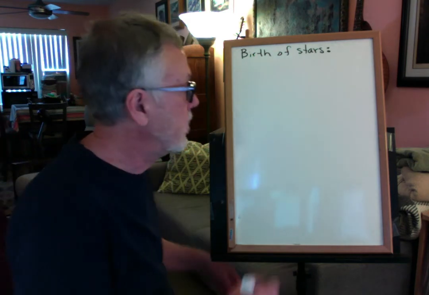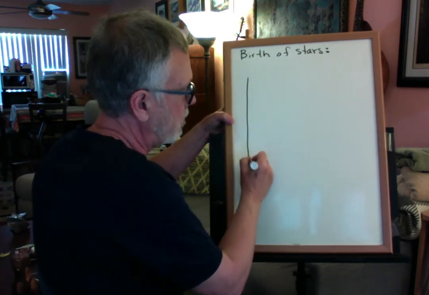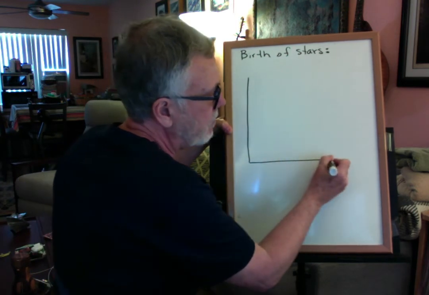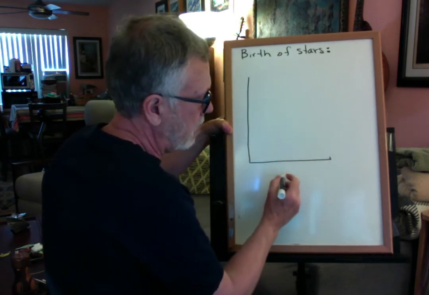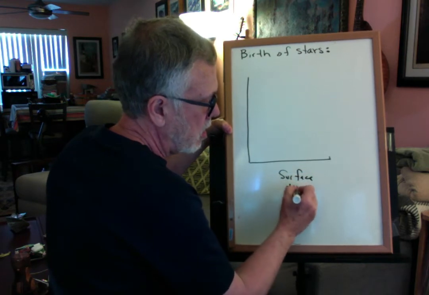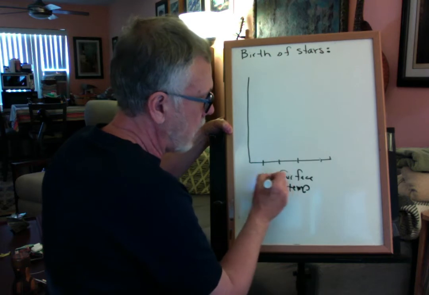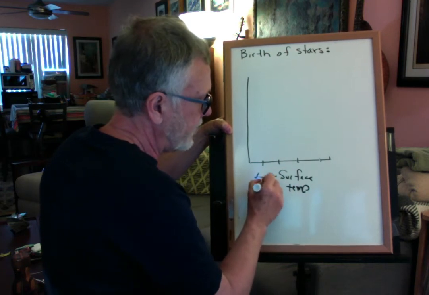what do we see with this when I look at it on an HR diagram? Remember, on an HR diagram, here is surface temperature, and remember with the scale here, it gets hotter going to the left.